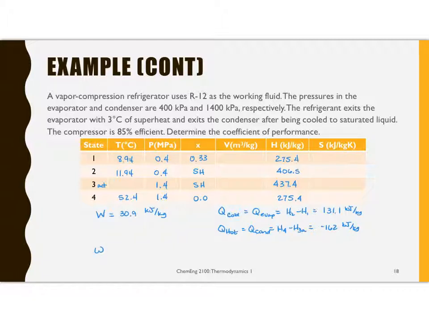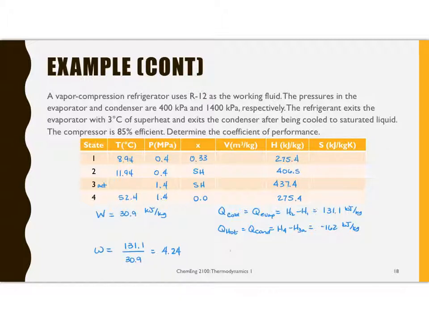And so the coefficient of performance for this cycle is 131.1 over 30.9, which is 4.24, which seems like a big number, right? We've been looking at power cycles, so it's a number greater than 1. We don't know how to evaluate that.